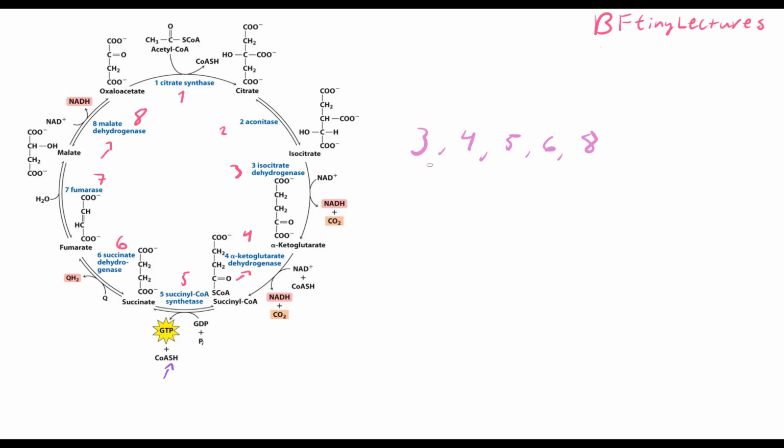I don't remember that. Well, just know that in step 3, this is going to be metabolically irreversible. And this also produces NADH.